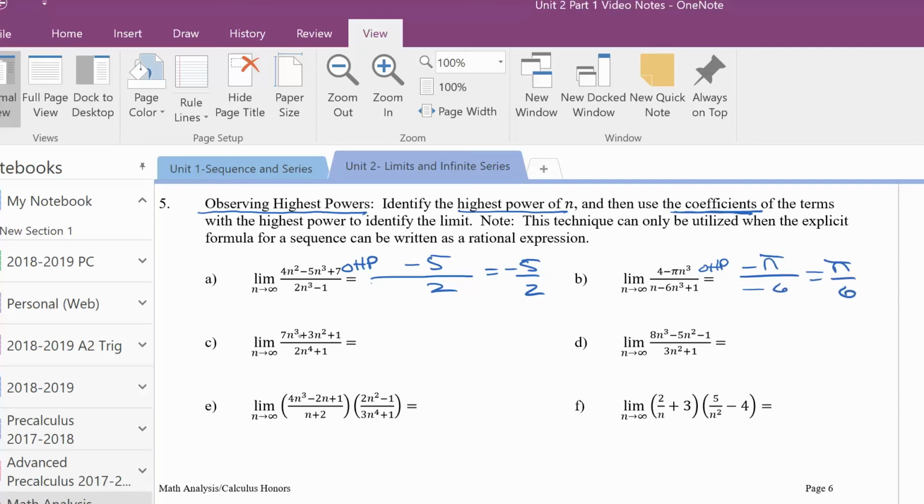Here, the highest power of n is n to the fourth, so we do not have any n to the fourth in the numerator, and we have 2 in the denominator, so that's 0. Here, n to the third is the highest power of n, so we have 8 in the numerator, but then we do not have an n to the third in the denominator. So 8 over 0 is infinite, which means it does not exist because of unbounded behavior.